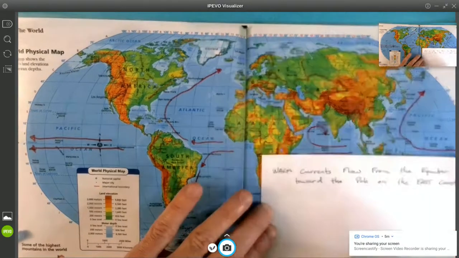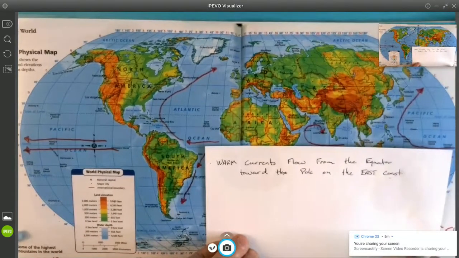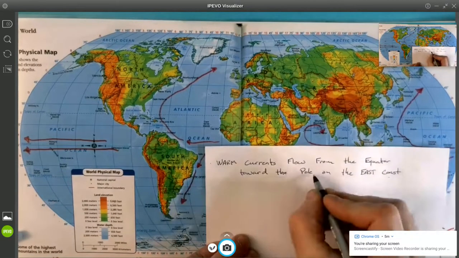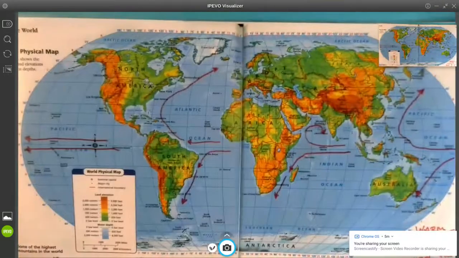Okay, so second thing you need, warm currents flow from the equator toward the poles on the east coast.